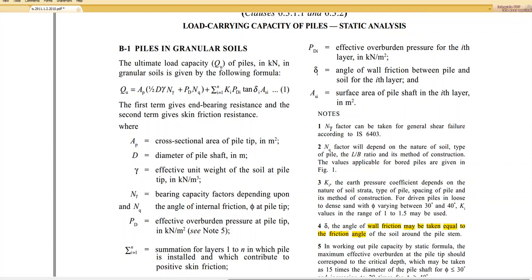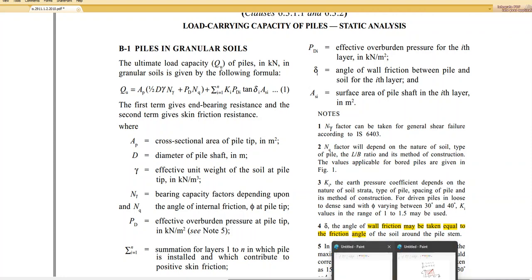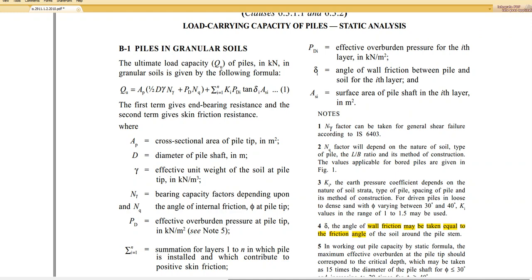So generally what code says you can use delta is equal to phi, but I would suggest that as per the literature, if we are boring a soil, the soil gets disturbed, so the friction gets decreased. So the phi value should be decreased by 3 to get delta. Means delta is equal to phi minus 3 to be on the conservative side.